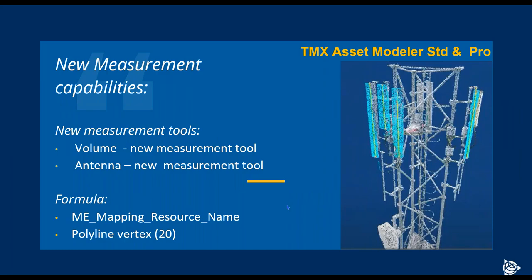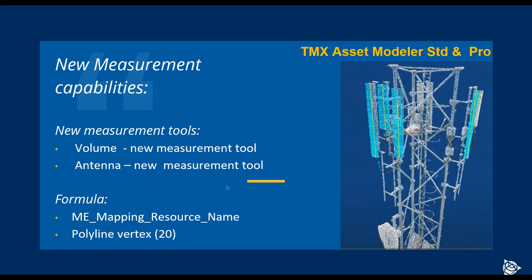Again, new measure functionalities. Now they are semi-automatic tools, but still increase user productivity. New volume series tools have been introduced. I will show you on the next slide, and hopefully we are able to run a short video again. And also a new measurement tool for antenna.